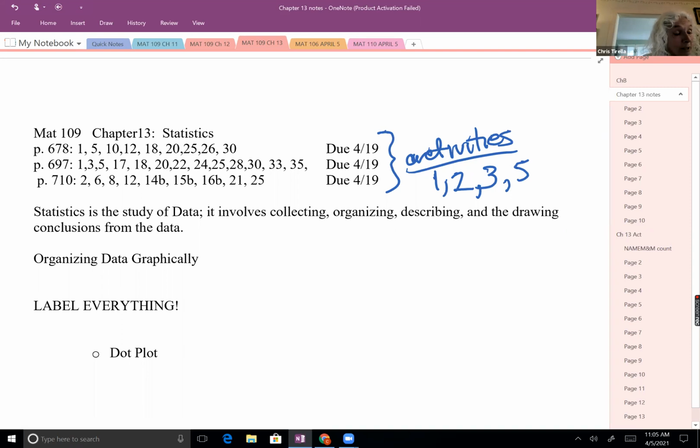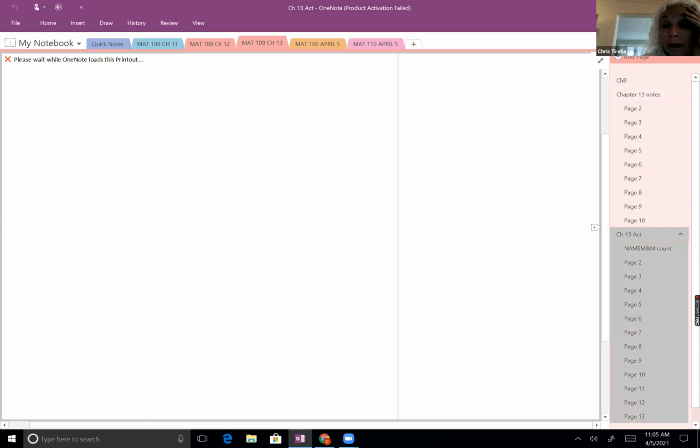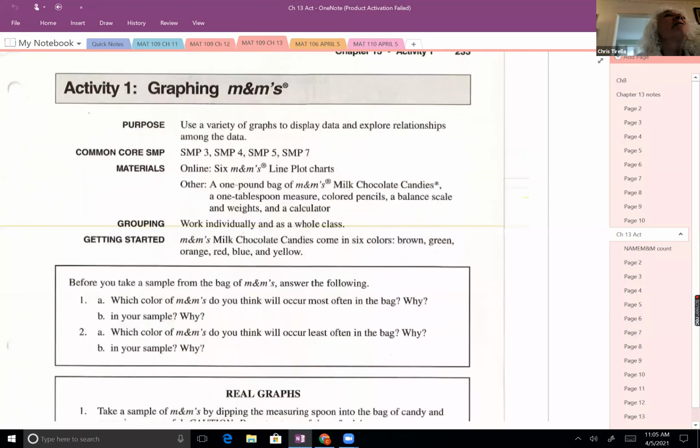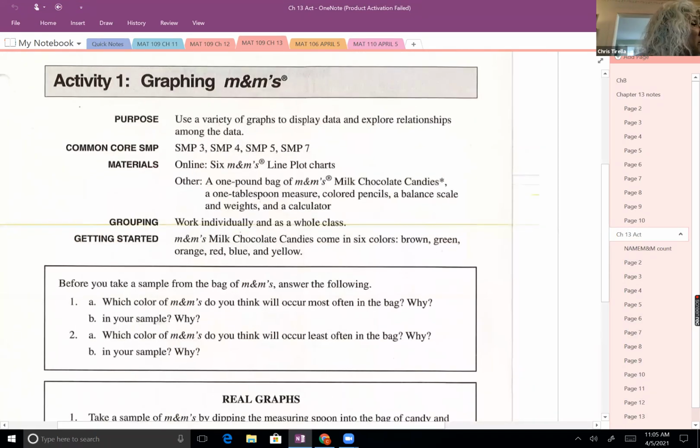And those activities all deal with statistics and displaying data. I asked that you folks have with you today M&Ms. Did anybody remember to bring some M&Ms with them today?